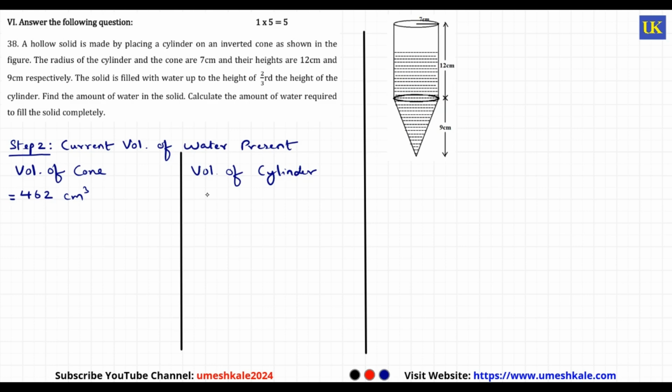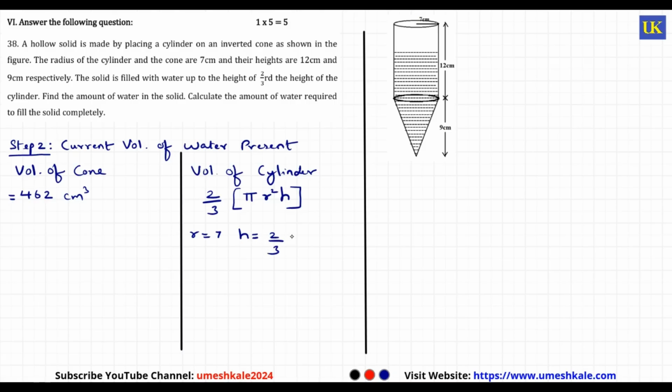Now, here we have to find two-third water which is present in cylinder. So pi r square h. Okay. So we'll write down the radius which is 7 and the height is two-third of height.